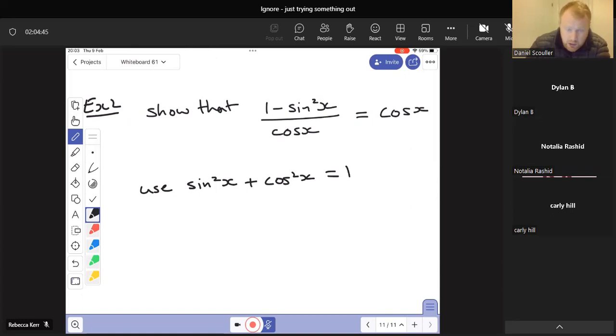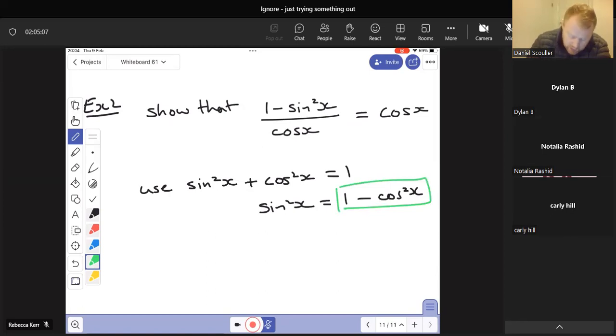Now we can rearrange that to equal sine squared x equals 1 minus cos squared x. We're going to substitute 1 minus cos squared x into that first start equation wherever we see sine squared x.